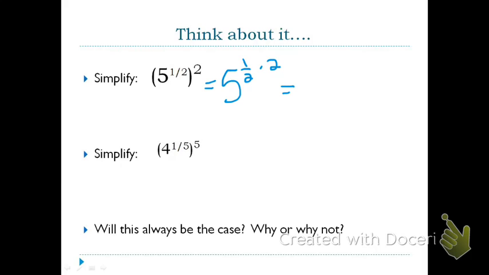Put a 1 under it. So 1 times 2 is 2, you just multiply across, 2 times 1 is 2. Or you could have cross-canceled. So you have 5 to the 2 over 2, which is the same thing as 5 to the first. Any number to the first power is just itself, the 5.